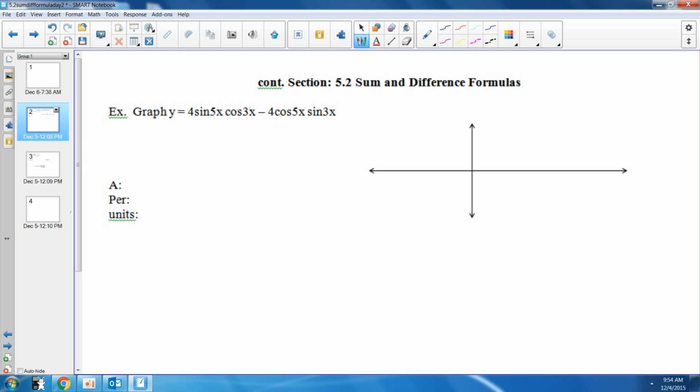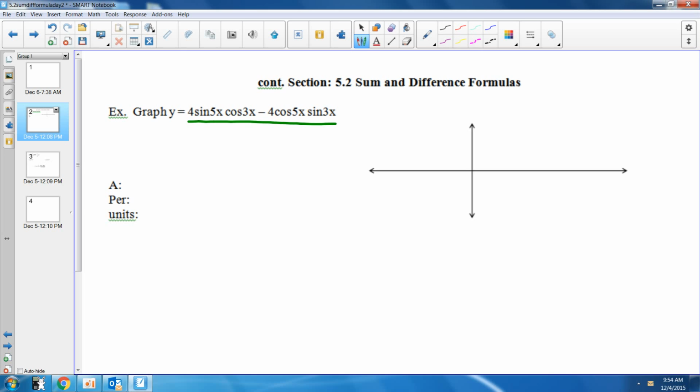In this first problem, you're going to see that it's a right to left problem, meaning you're looking for a pattern of the identity, and this one shows sine, cosine, cosine, sine.